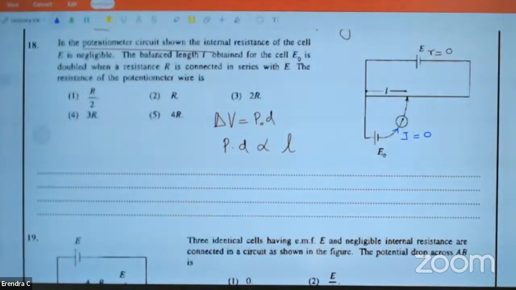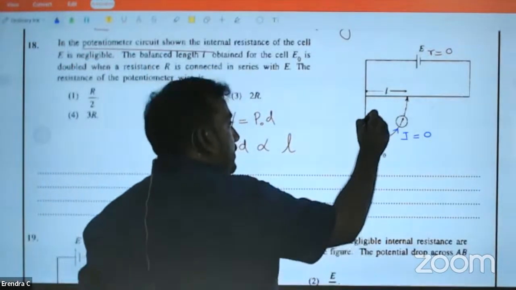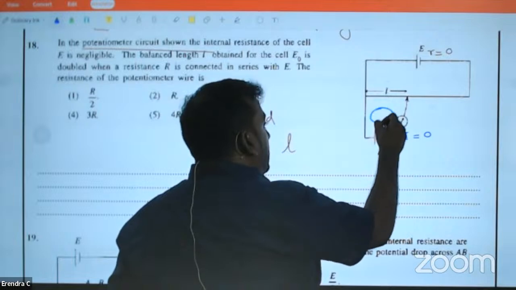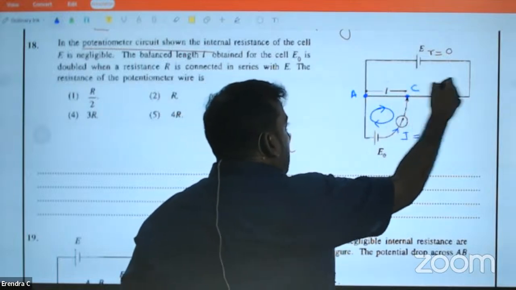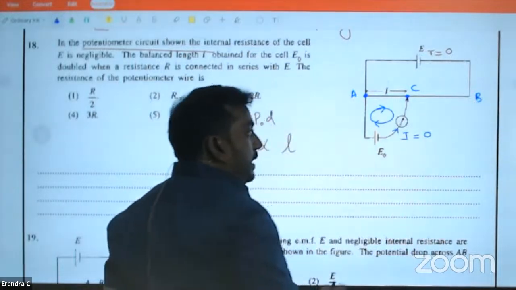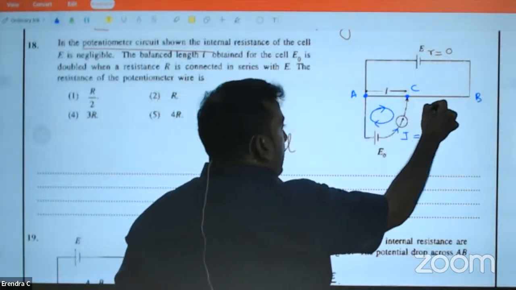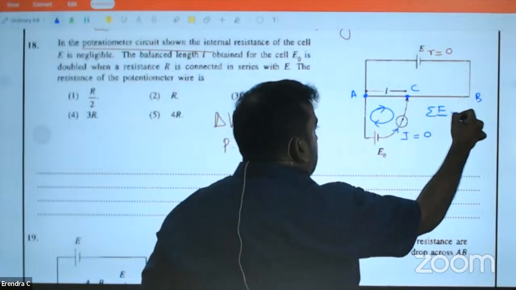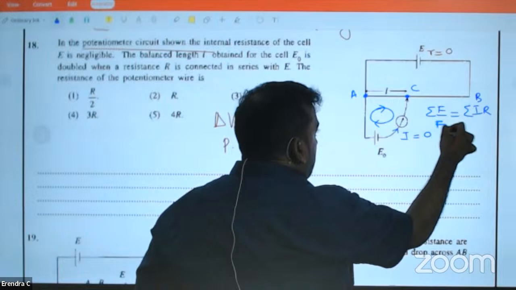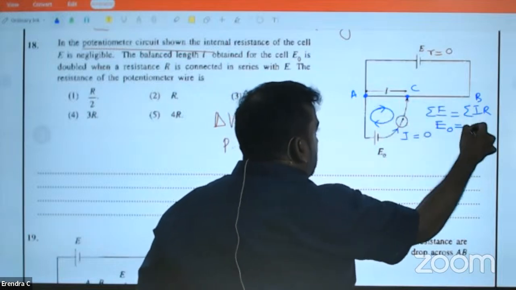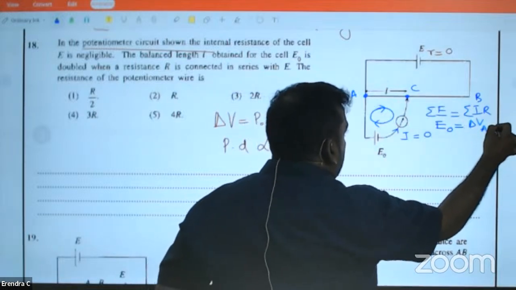So no current means even if you apply Kirchhoff's law here, if I name this A, this C, let that be B. If you apply Kirchhoff's law there, the sum of EMFs equals the sum of potential differences, minus to plus, that is equal to the potential difference across AC.